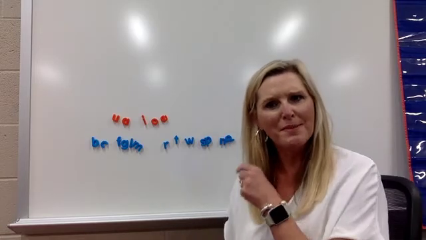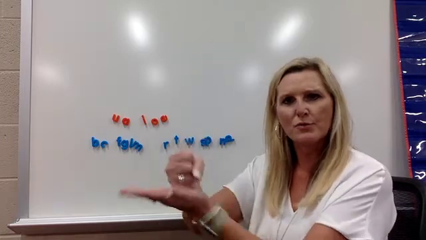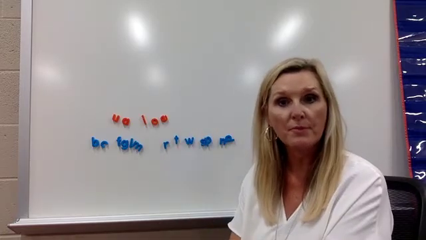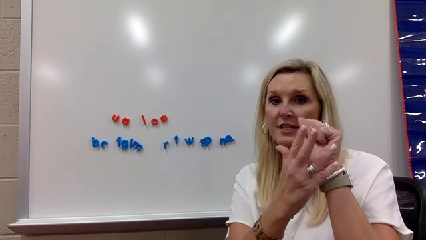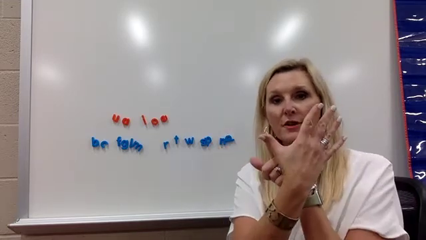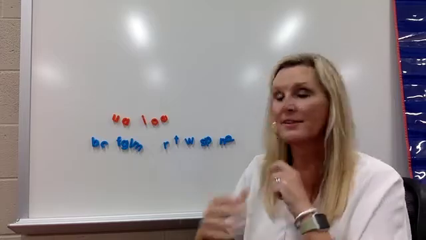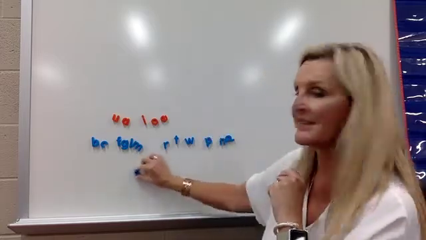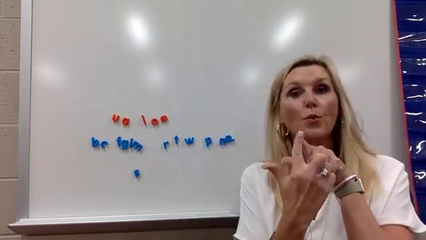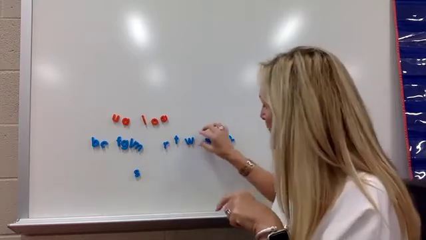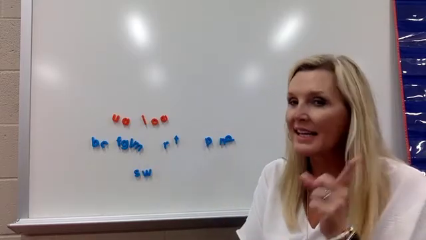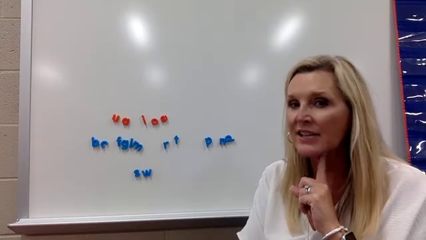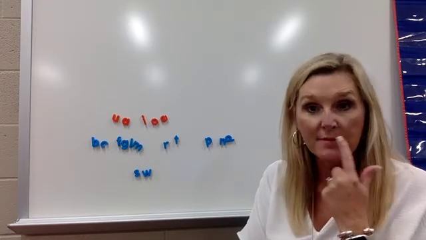Good job. Help me build it, swift, swift. One syllable, tap it, swift. 5 sounds. The first sound is S, so that's letter S. The second sound is W, and that's letter W. I. That's like itchy. Itchy. Not Eddie. See my mouth?